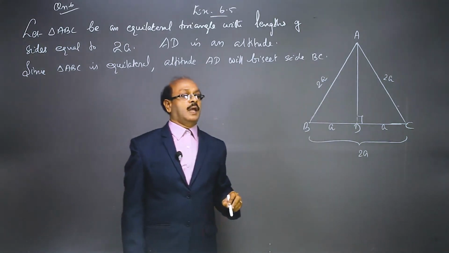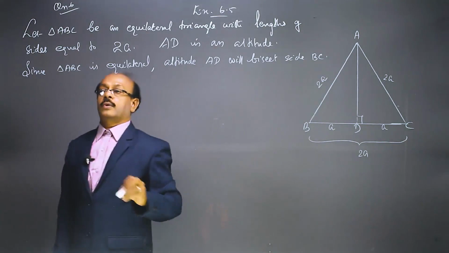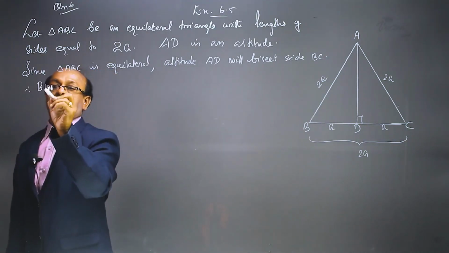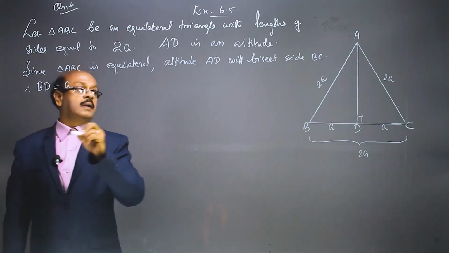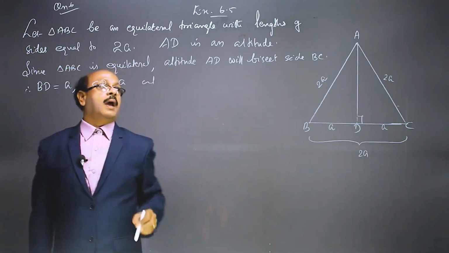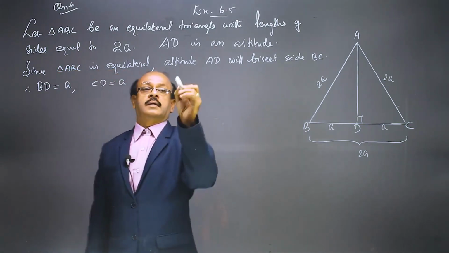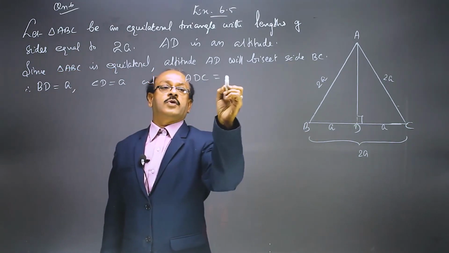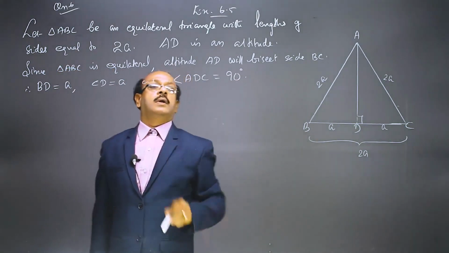That means length of BD is equal to a. Therefore, BD is equal to a, CD is also equal to a, and angle ADC is equal to 90 degrees.